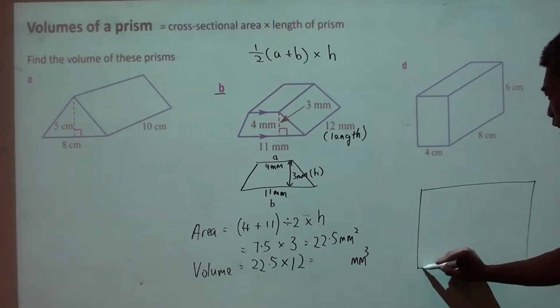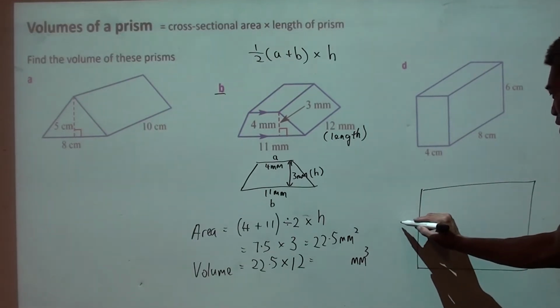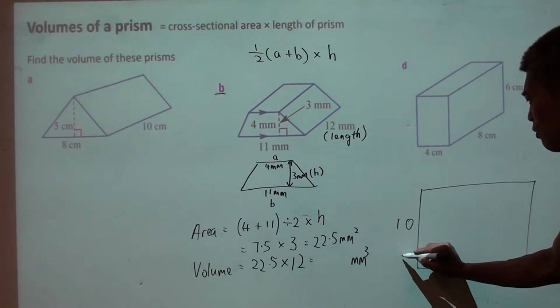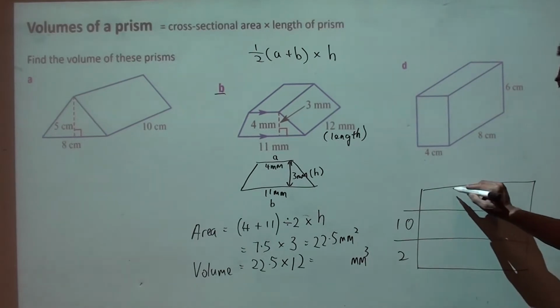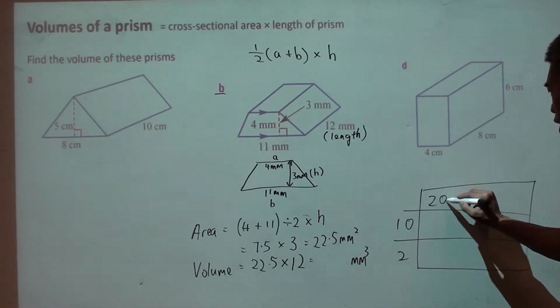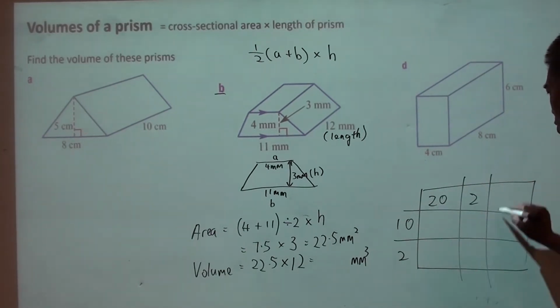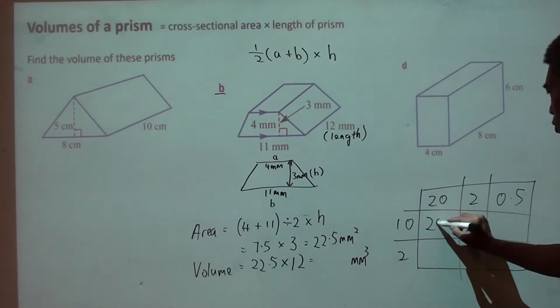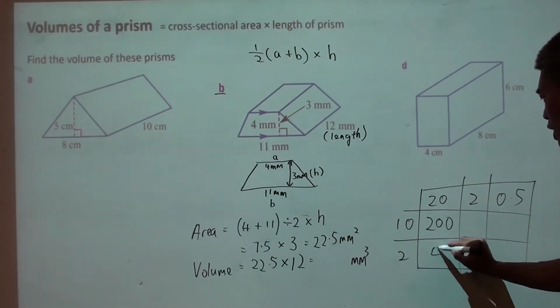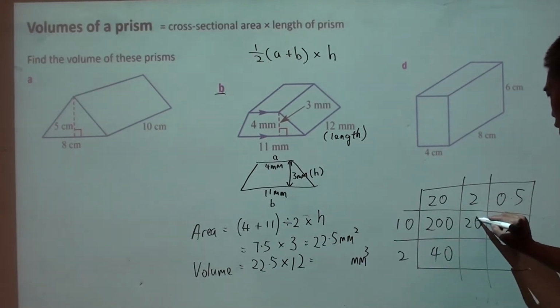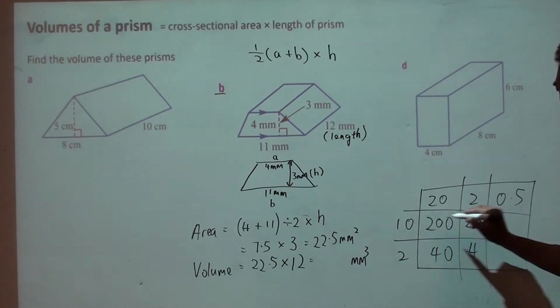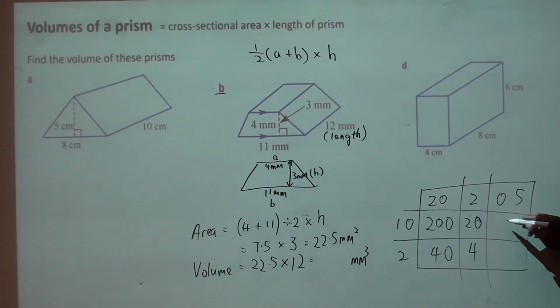Again, if you don't have a calculator, we're just going to do this. So 12 is made up of 10 and 2, and 22.5 is made up of 20, 2 and 0.5. So we have 2 times 20 is 40, 10 times 2 is 20, 2 times 2 is 4, 10 times 0.5 is 5, 2 times 0.5 is 1.